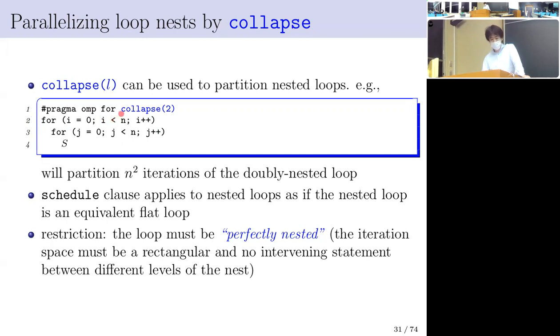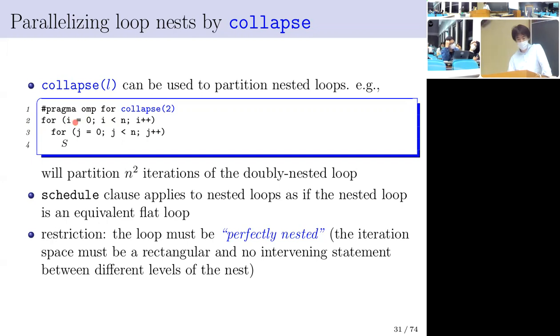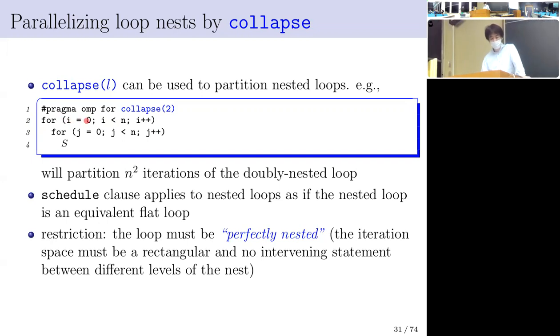So it not only divides the work using the outer loop index i, you divide the entire n square iterations by whichever threads are available. This is the only way you can divide the work of multiple nested loops in OpenMP. Without this collapse, you can only divide the work of a singly nested loop.